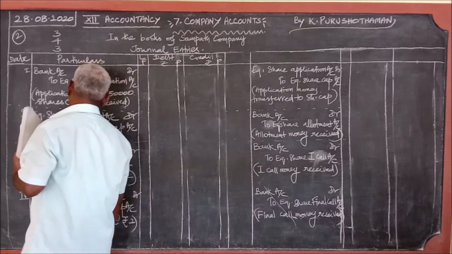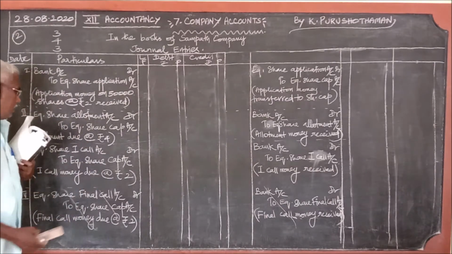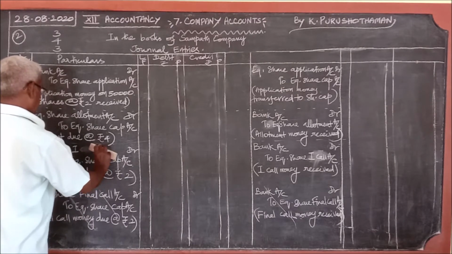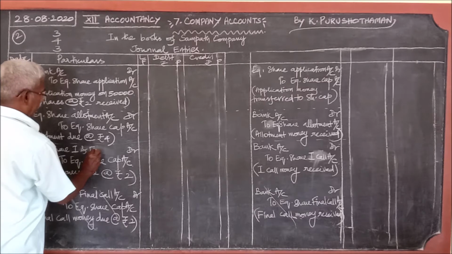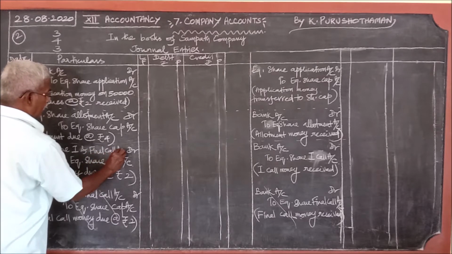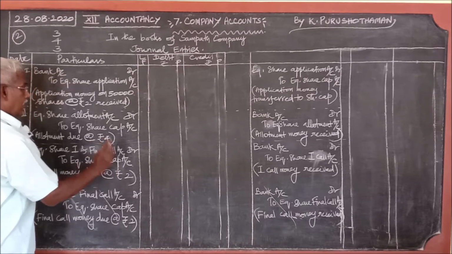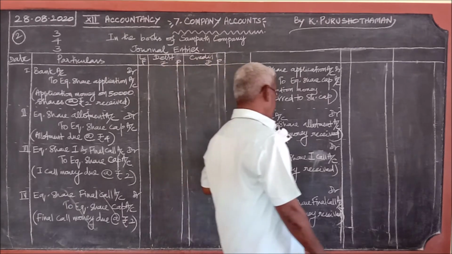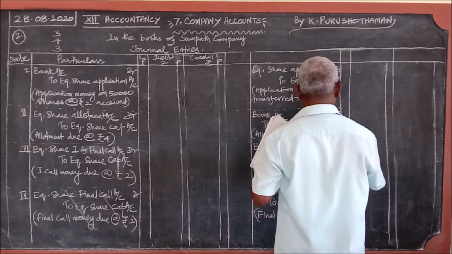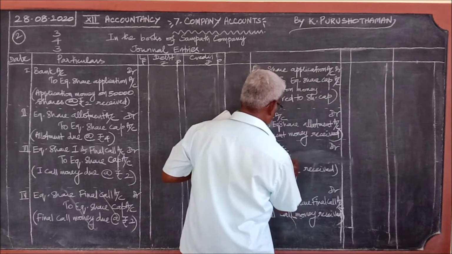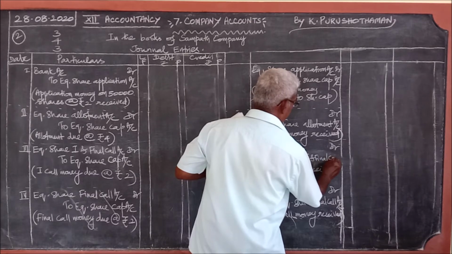So, the third stage is equity share first and final call account.